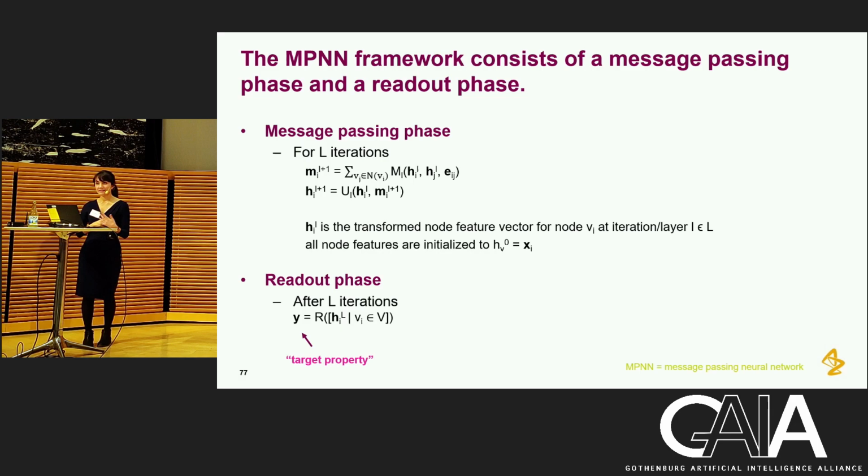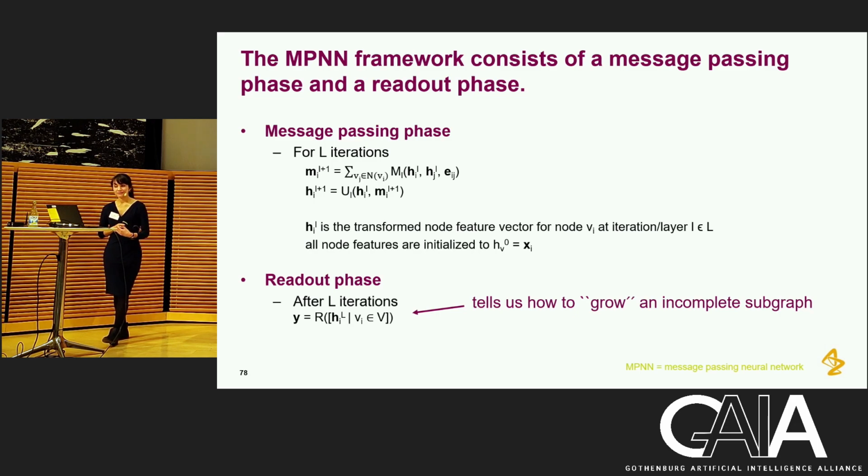And you can do this for however many iterations you want, usually not more than 10. What you actually want to calculate from this is your target property, which is shown here as y. And you do this during the readout phase. So once you have your final transformed node feature vectors, you will feed these as input into a readout function R. And the idea is that it predicts your property y.